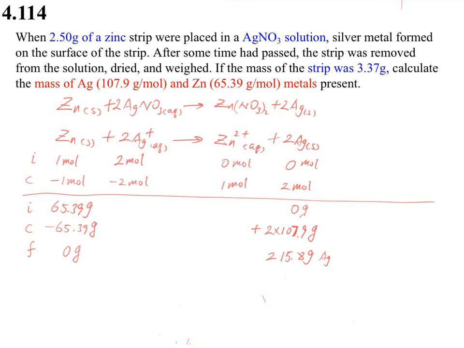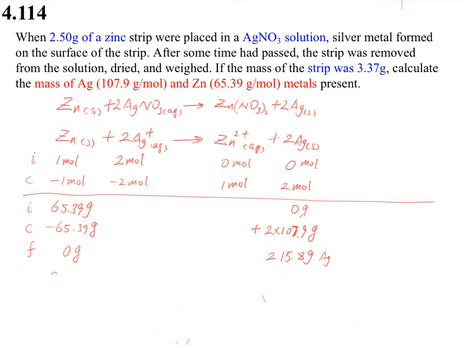Now you can see that for every mole of zinc that goes through this reaction, we lose 65.39 gram of zinc. On the other hand, we gain 215.8 gram of silver. So what's the difference? What's the increase of the mass in this process?